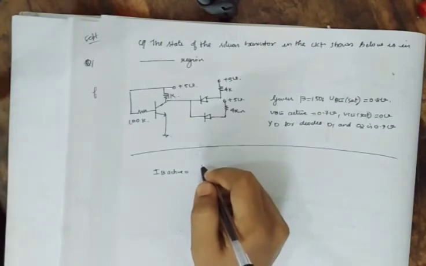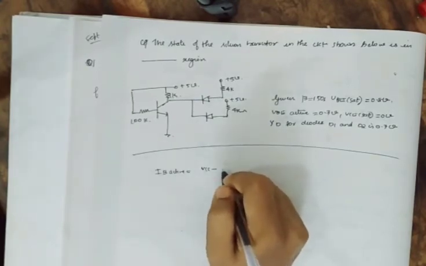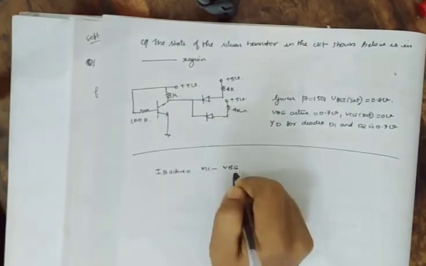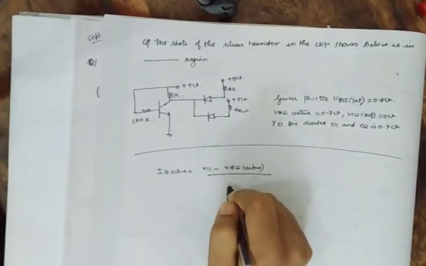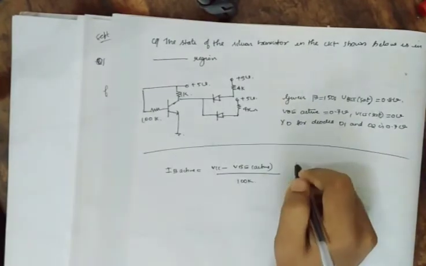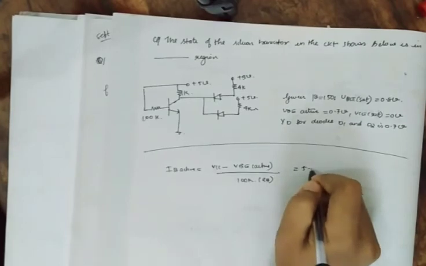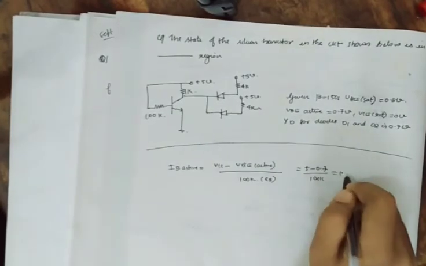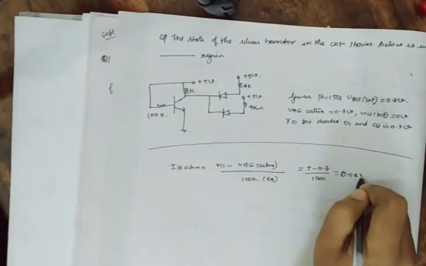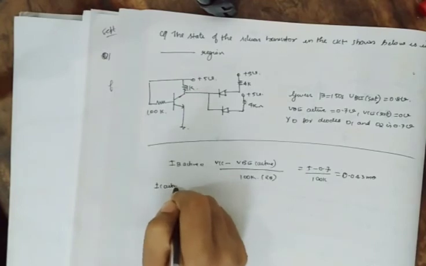Equal to VCC minus VBE active divided by 100K, that is RB, which is equal to 5 minus 0.7 divided by 100K, which is equal to 0.043 milliampere.